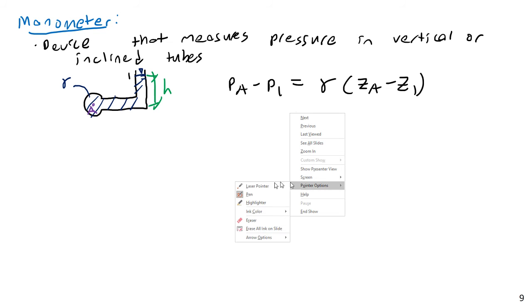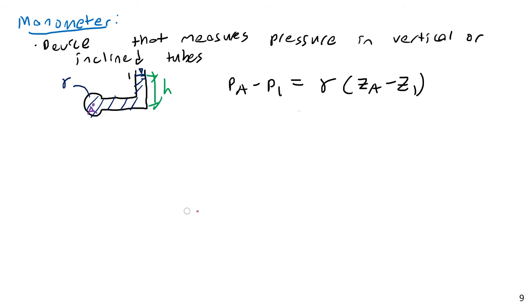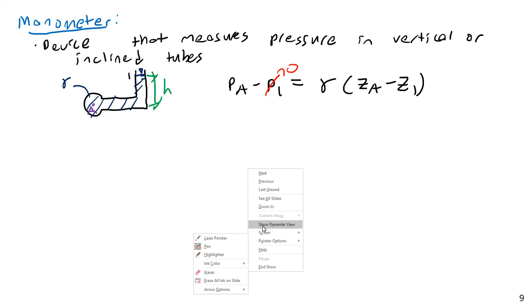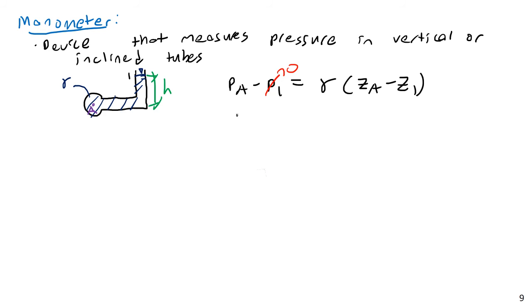Now, usually I'm going to be talking in terms of gauge pressure, so I can just say this is equal to 0, and then I will simply end up with the following equation: PA is equal to gamma h, and that is the gauge pressure for a straight tube manometer.